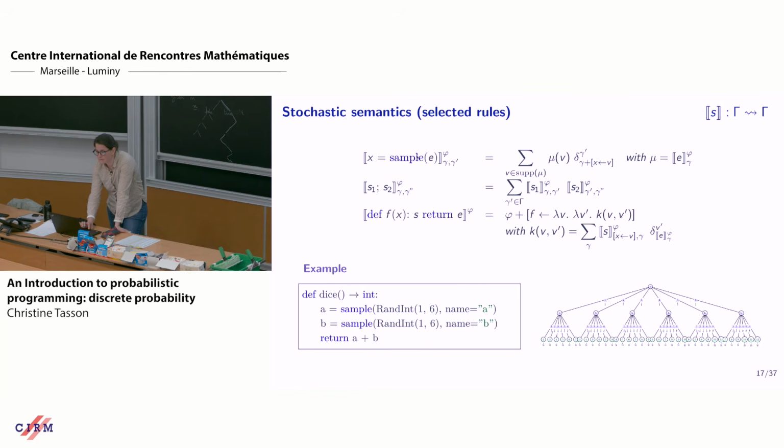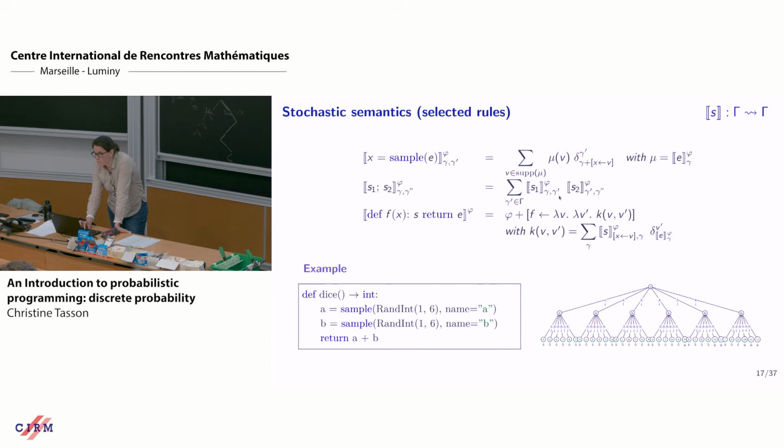Okay, so doing this assignment is computing the probability distribution over every possible output, where the updated environment is just gamma plus the new variable. Now, the sequence. Well, it looks like the bind of a probabilistic monad.